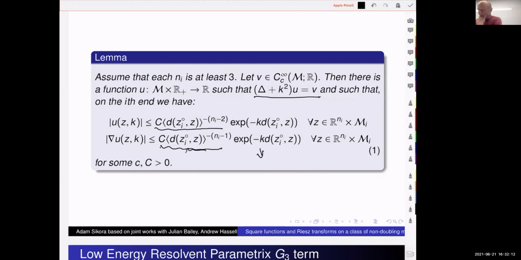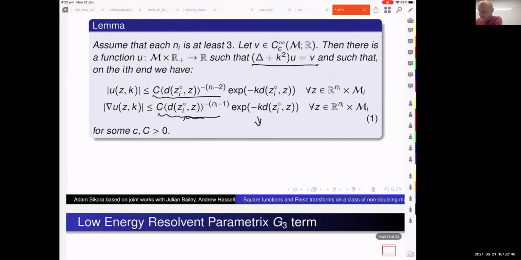With a rather simple argument, a simple calculation, we can prove estimates of this type for both the resolvent and the gradient of the resolvent. So that's one big difference between the resolvent and the heat kernel here. For the resolvent, we don't have much trouble calculating the gradient as well.